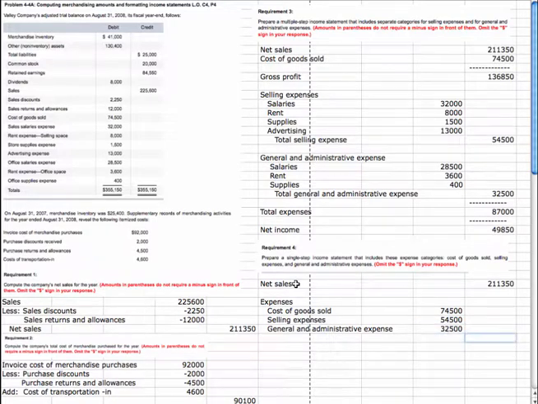I could have added those all up. I get $161,500 to give me my net income, which should have been my $211,350 minus the $161,500, the $49,850.